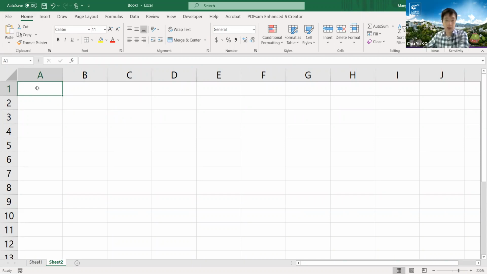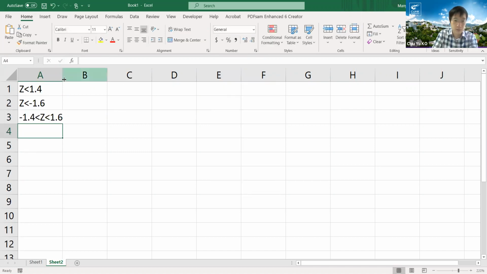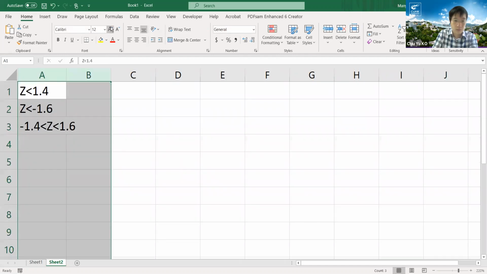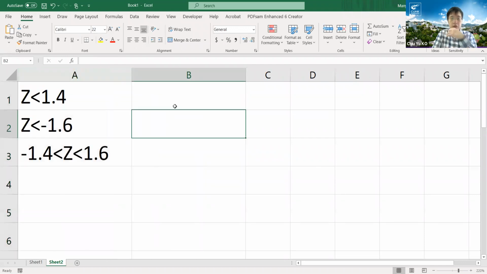The question is z less than 1.4, z less than negative 1.6, and z between negative 1.6 and 1.4. So these are the questions.